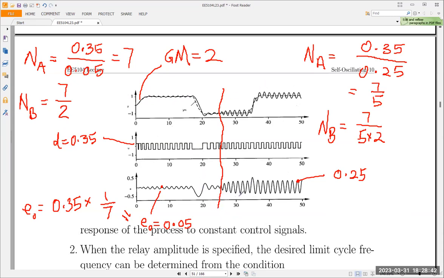So if we increase by 5 times, you will see that previously it was 0.05, now it becomes 0.25, because if the input sine wave or the rectangle wave is the same, since the gain of the plant is increased by 5 times, the output should increase by 5 times from here to here.